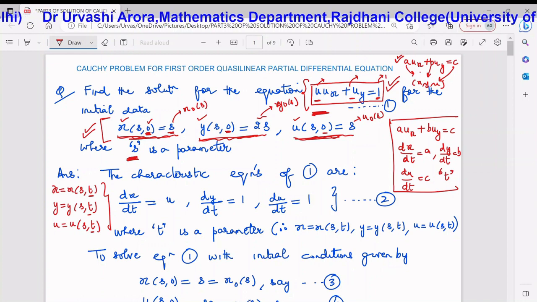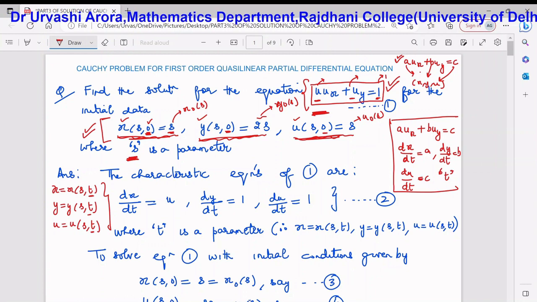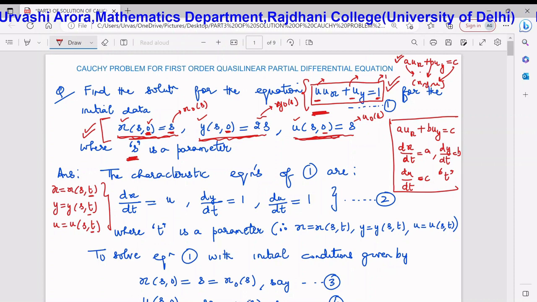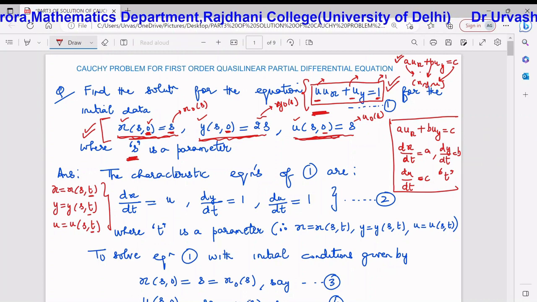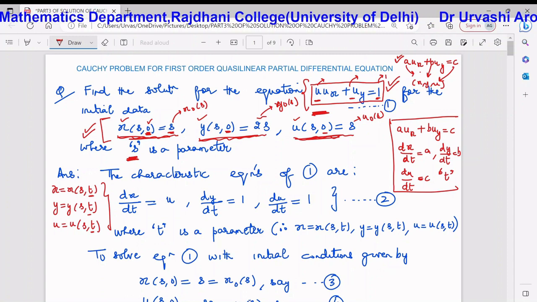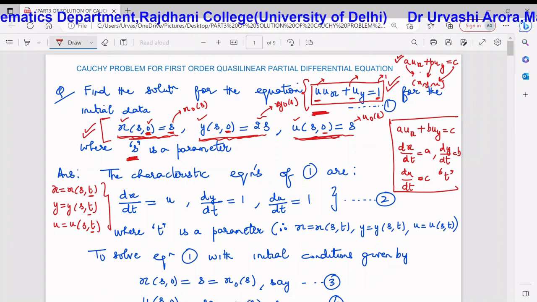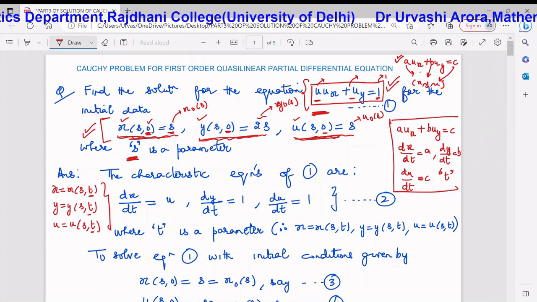This is the form of the characteristic equations in parametric form, and this form we have already discussed when I was discussing Lagrange's method or the method of characteristics for solving first order quasi-linear partial differential equations.